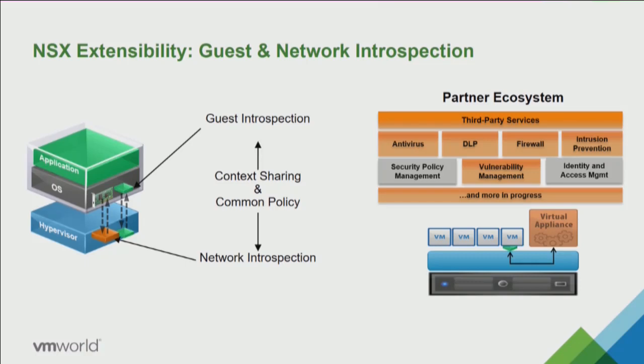Every time we onboard a new partner, we share the SDK, the partner integrates with NSX, they go through the certification process, and it shows up in the VCG. So if you see this logo, that means they have integrated formally and certified with NSX.